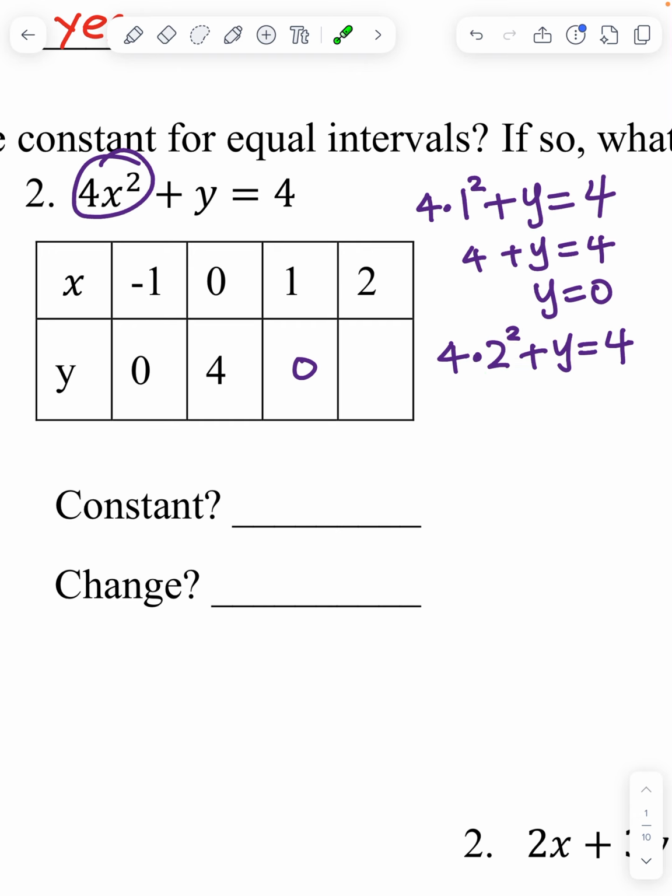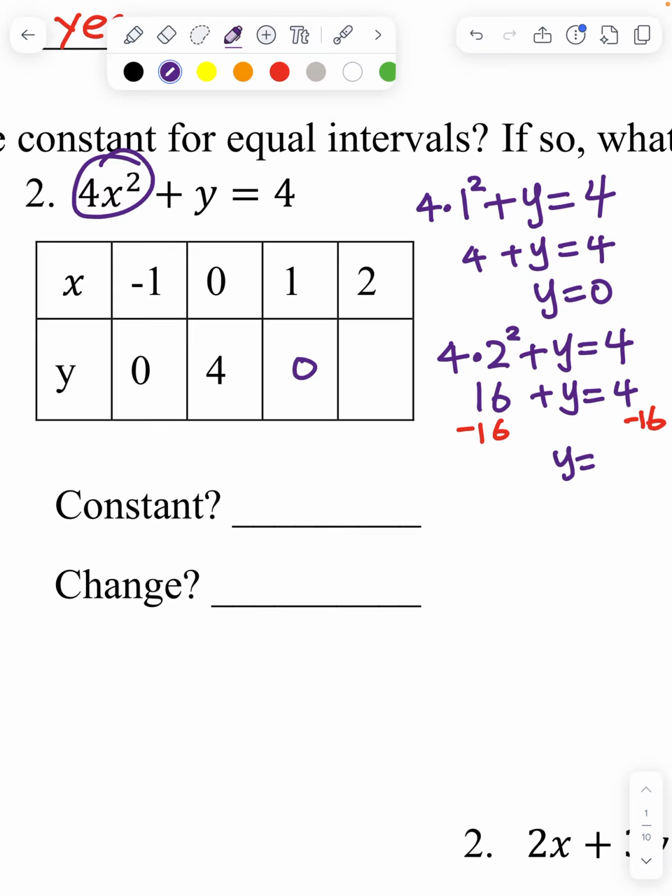That means 2 times 2 is 4. And then 4 times 4, 16. So 16 plus y equal to 4. We are going to get rid of the 16 by subtract. So y equal to 4 minus 16, that's negative 12.